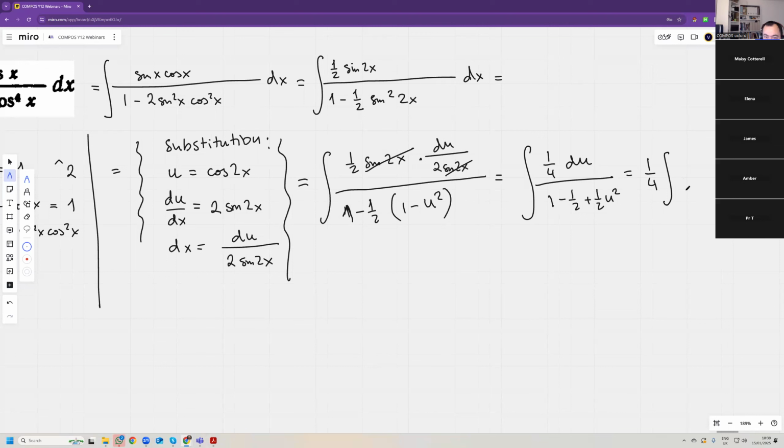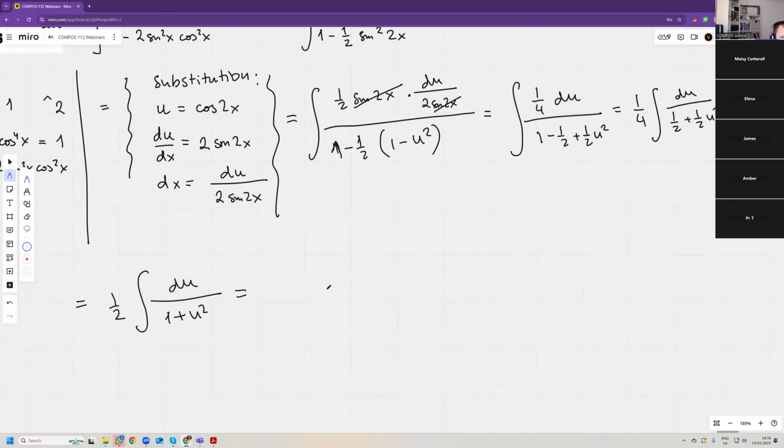Integral 1 minus a half, so a half plus a half u squared du. So it's a half integral du over 1 plus u squared. Lovely. And we know that this integral is arctan. So it's 1/2 arctan of u plus c.